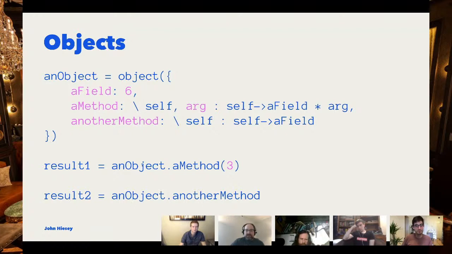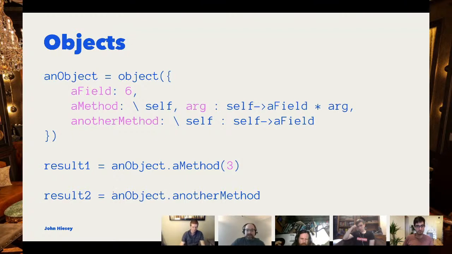So if I call a method 3, it'll multiply 6 by 3. And you'll also notice I can call a method without any arguments. And this is actually a method call. This is not just getting a reference to a method.